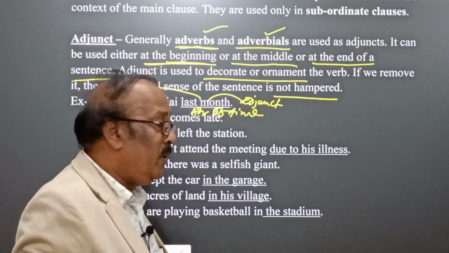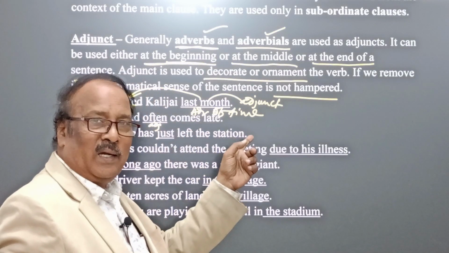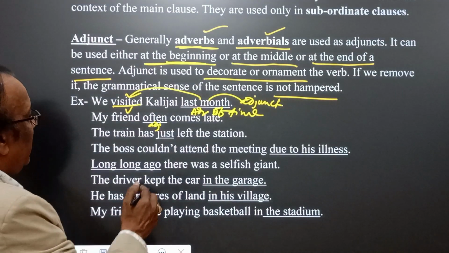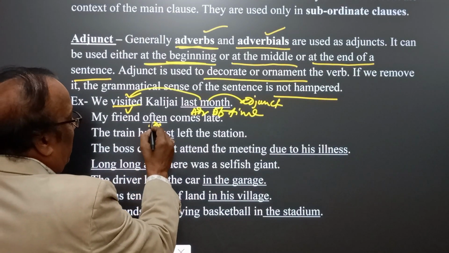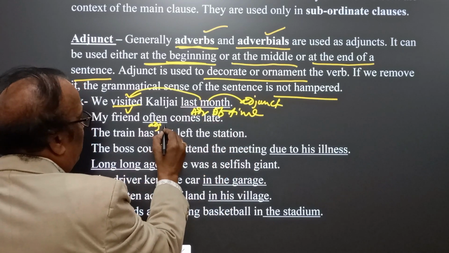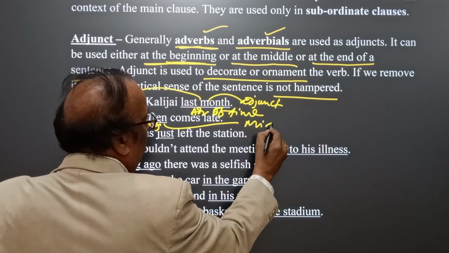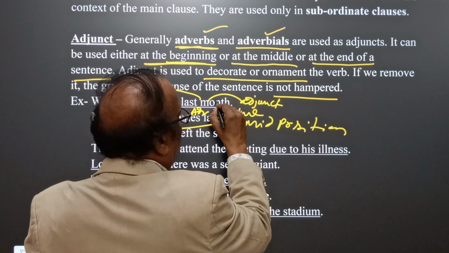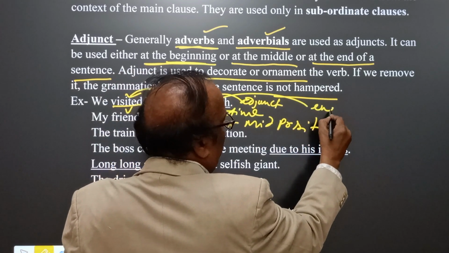It will also give meaning: my friend comes late. Yes, and therefore often is the adjunct, and its position is the mid position. Last month is the end position. This is what you call mid position, and here we find end position.